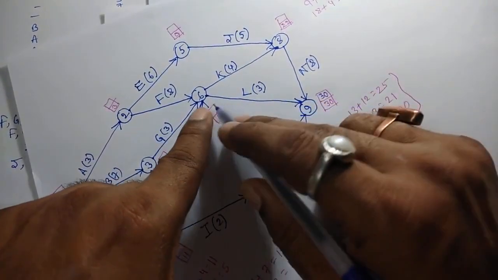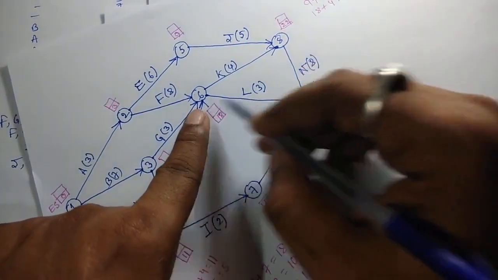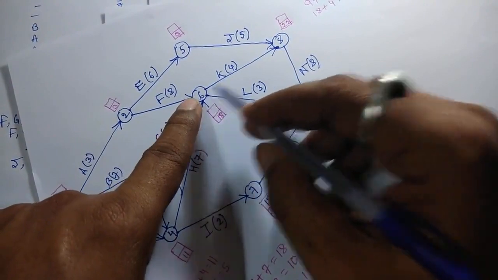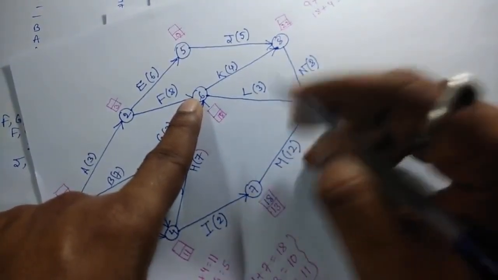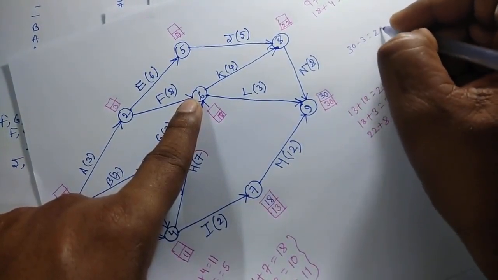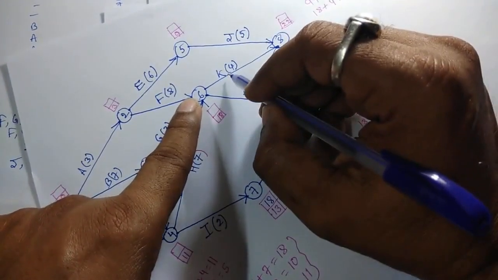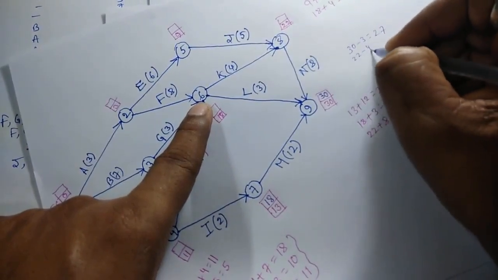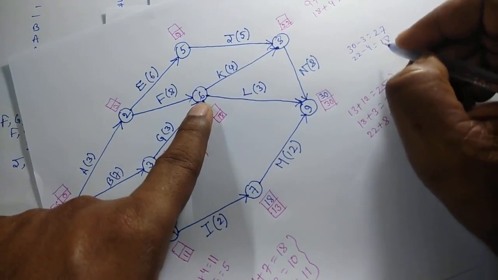Now for node 6, 30 minus 3 equals 27, or 22 minus 4 equals 18.